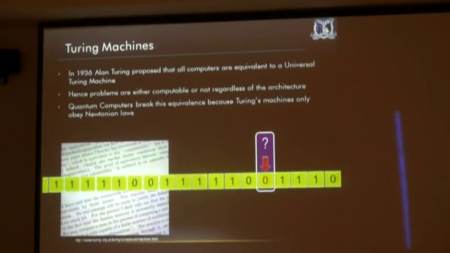So let me just say what a computer is and what we do with them. And harking back to Alan Turing's hypothesis that all computers are basically equivalent to what he called a universal Turing machine. Doesn't matter what the architecture is, whether it uses valves or transistors or integrated circuits or charged ions suspended above electrodes.